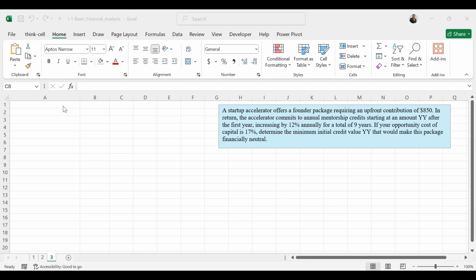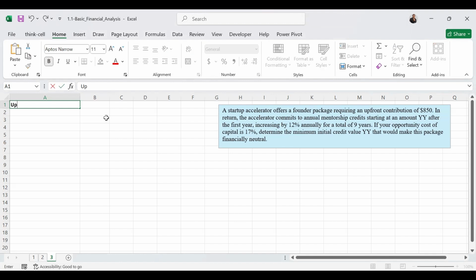So here in my Excel sheet, I'm going to start by entering the information that has been provided. The first information is the upfront contribution, and that is $850.